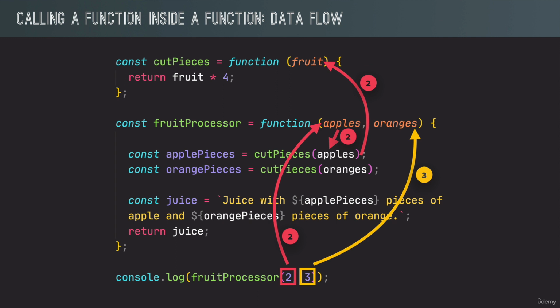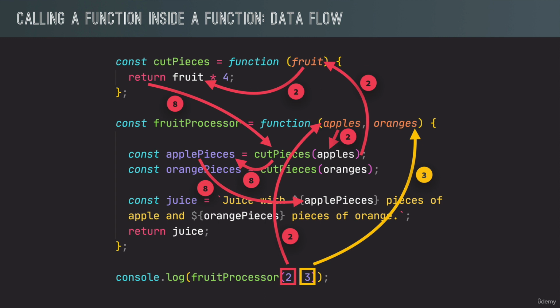And I hope that these arrows here make the data flow quite obvious. Then inside this function, of course, the fruit is then also 2, which will get multiplied by 4. And so the result here is going to be 8. And so the result of calling this cut pieces function with apples will be 8. And so that's the value that we then store into the apple pieces variable. And from there, we will then build this juice string that we have down here.